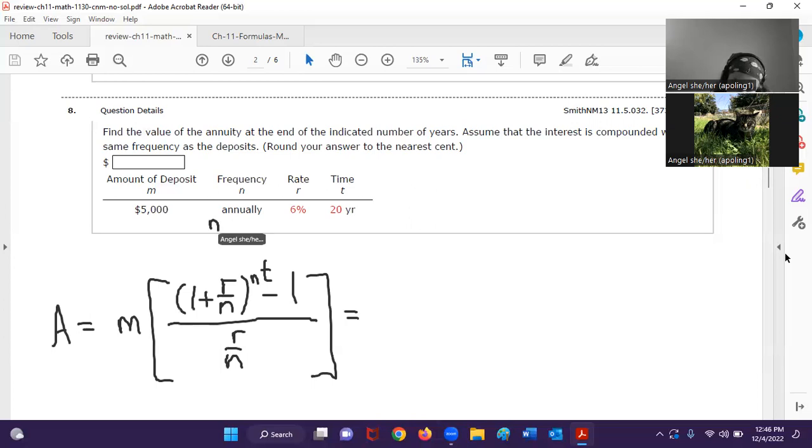Annually means N equals 1. And we have our interest rate we need in decimal form. So you just fill it in, stick it in your calculator, and find the answer.